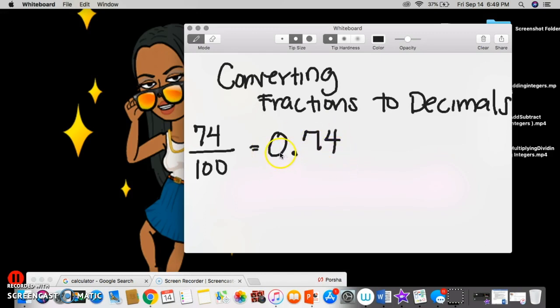That's fairly easy when you're working with fractions with powers of 10, such as 10, 100, and 1000. So you will write it as 0.74, which is read as 74 hundredths.